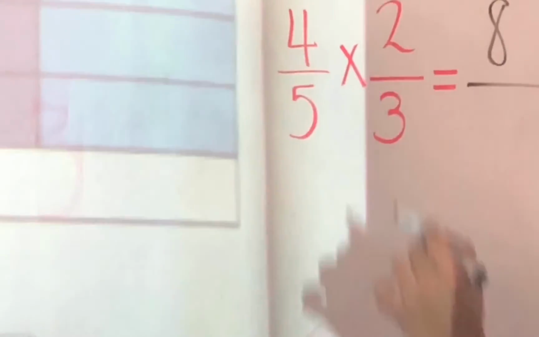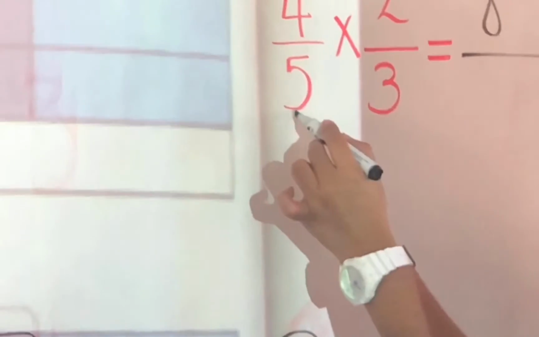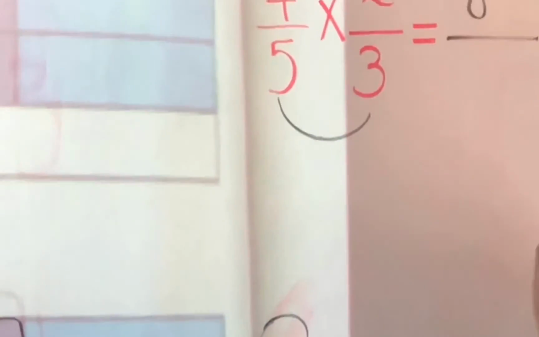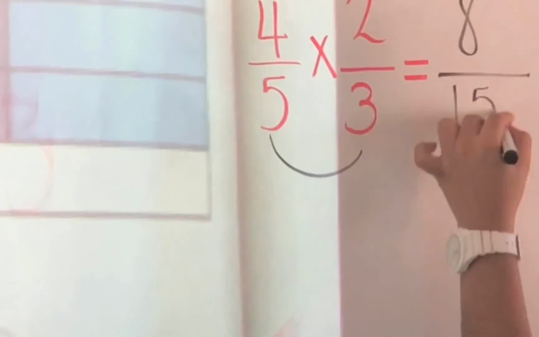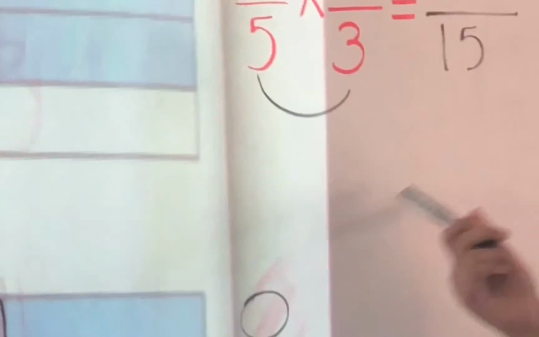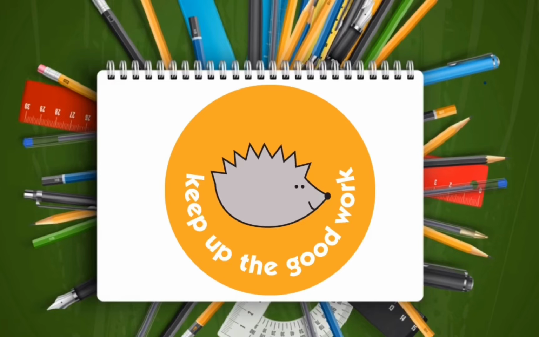And we go denominator by denominator. 5 times 3 equals 15. So, do we have the same answer? Yes. Very proud of you because I know you're putting your best effort. So keep up with the good work.